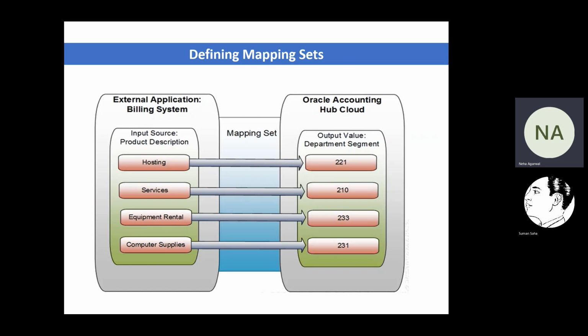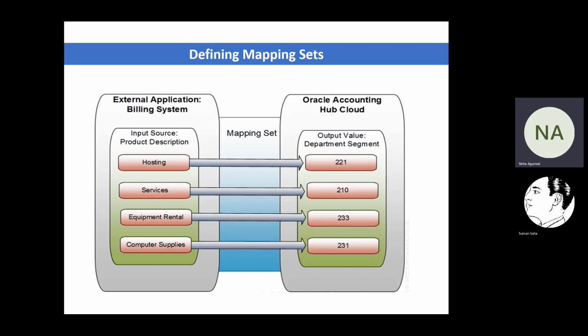So this means whenever you do any changes, then you have to activate your method in the accounting method screen. But if you are just updating or modifying your mapping sets, there is no need to do anything.